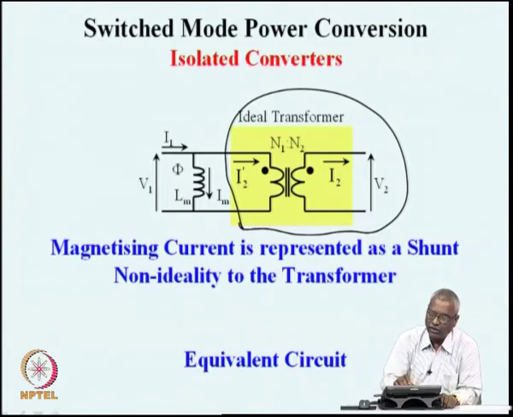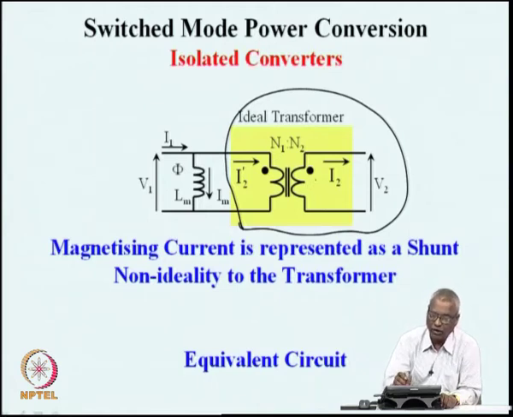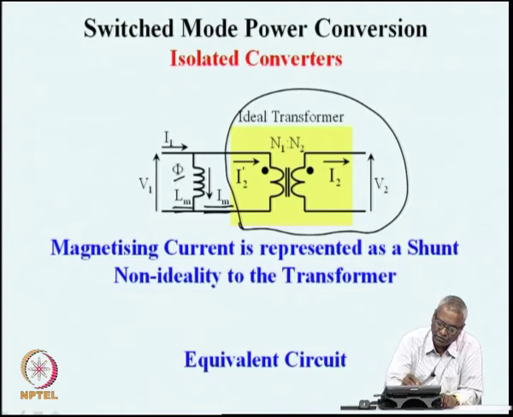N1 times I2 dash will be equal to N2 times I2, because this is an ideal transformer. There is no flux in this ideal transformer core. All the core flux we have separated in a magnetizing inductance Lm, into which a current of Im is flowing, and this product Lm Im is setting up a flux in the core, which is phi.